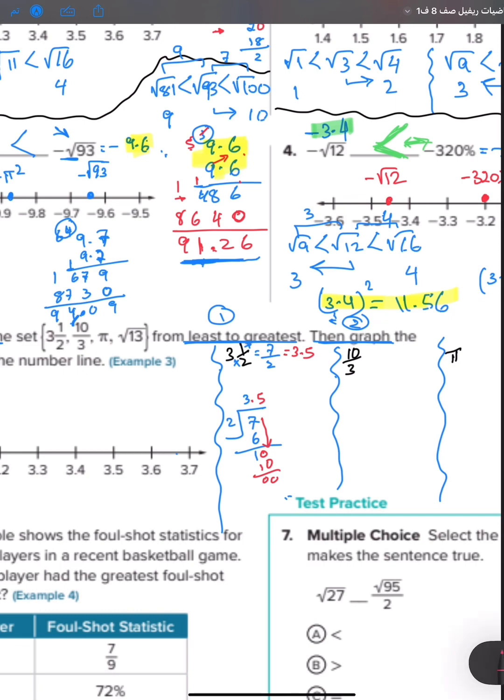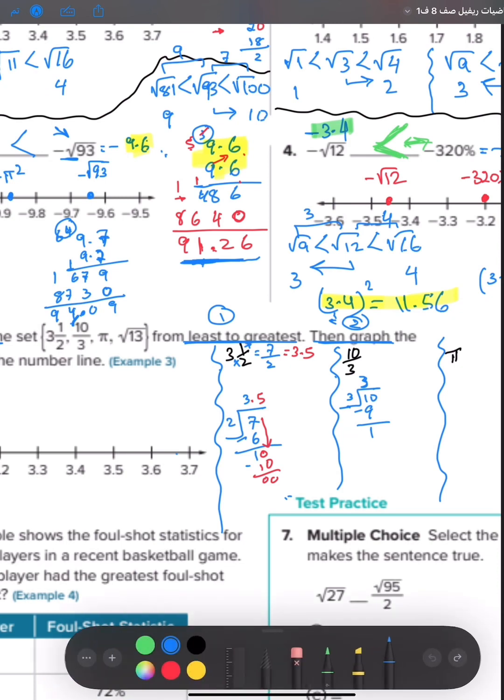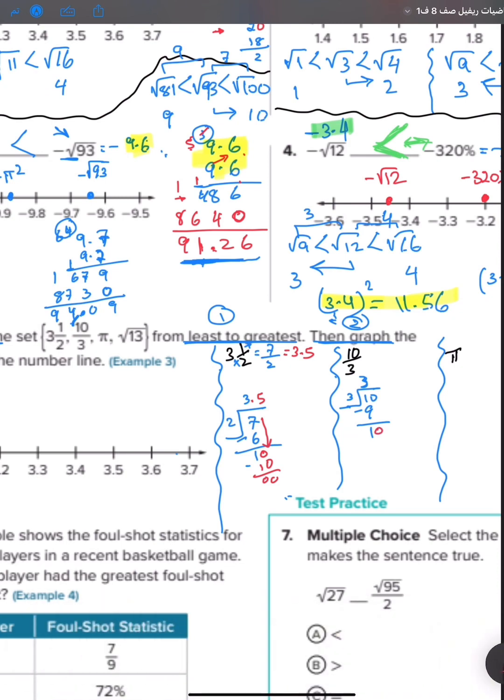For 10 over 3, it's the same as 7 over 2, long division. 10 divided by 3 is 3. 3 times 3 is 9, subtract, 10 minus 9 is 1. We must complete, but 1 divided by 3 we can't, so we add 0.